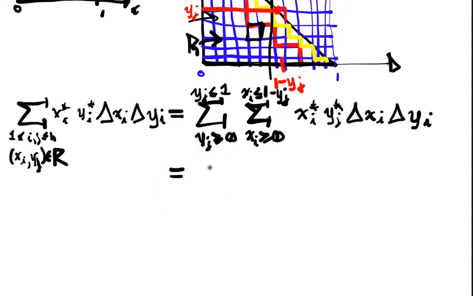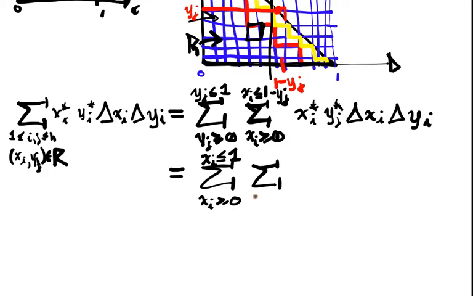Similarly, I can do the same thing where I change the directions. So I can sum over xi greater than or equal to 0. So this is summing over every single x equals constant slice. x is less than or equal to 1 inside of the bounded region.